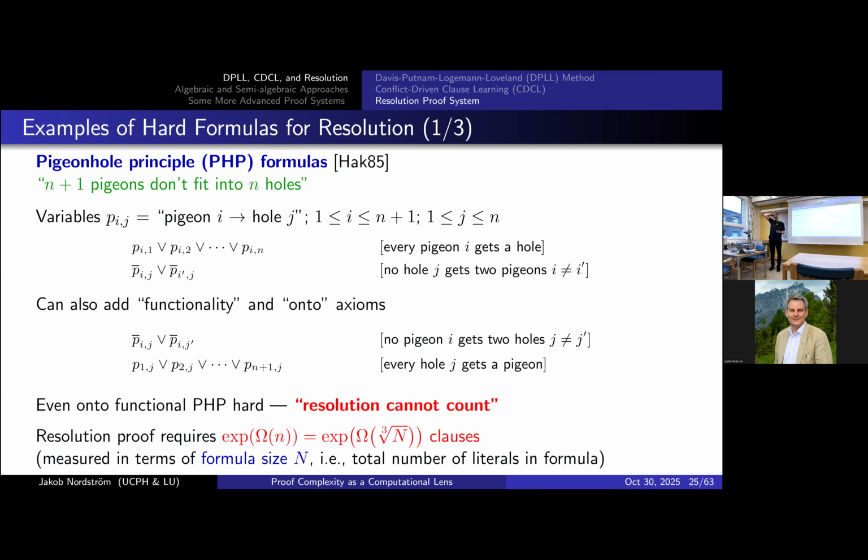Resolution is a proof system that really cannot count. The proof requires an exponential number of clauses in the number of holes and pigeons. If you look at the formula size, this will be exponential in the third root of the formula size, which, again, what was formula size? The number of literals in the formula counted with repetition.